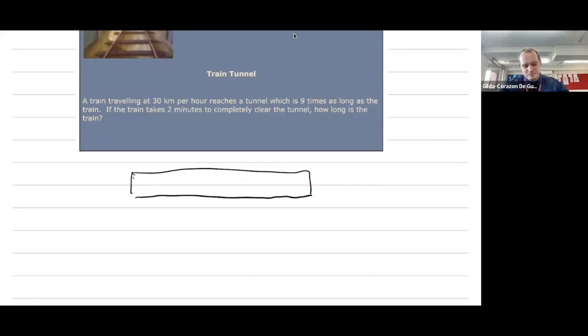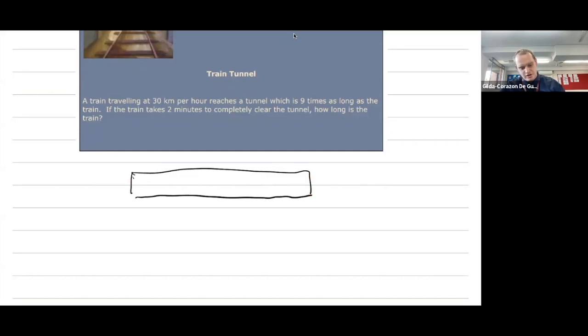But what that misses out on is that the train's not just a point. The train has its own length. So if I represent with this box, for example, that train goes through the tunnel, and then out the other side.